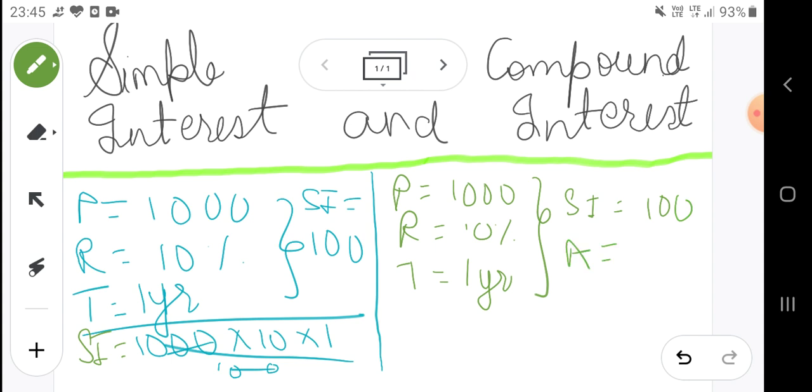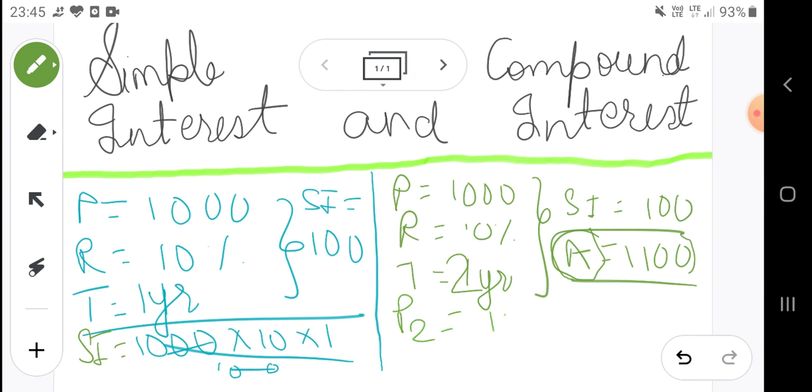Yes, amount will be principal plus SI, that is 1100. Now, I'm sorry, I will take 2 years, okay. Now the amount which you got will now be principal 2. So principal 2 will be 1100.